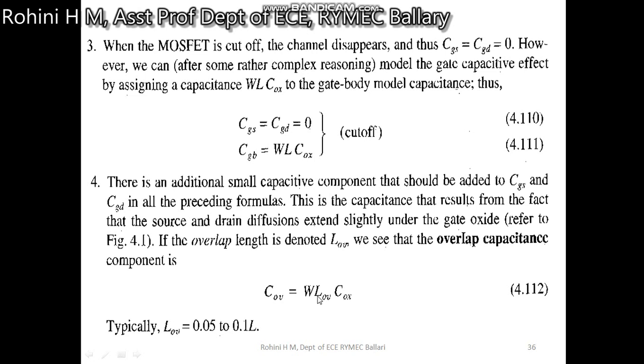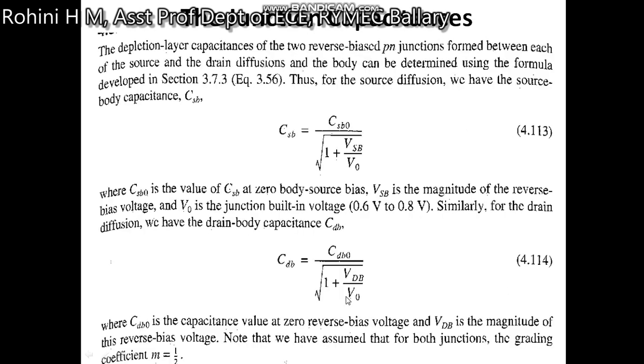L and W are nothing but length and width of the channel, COX is the oxide capacitance. It is usually expressed in farad per micrometer square. Per length we are defining this oxide capacitance.